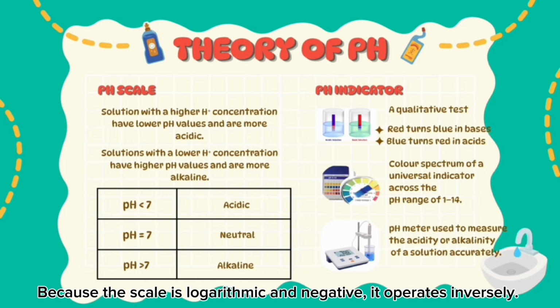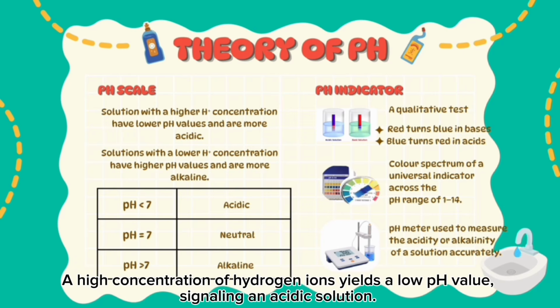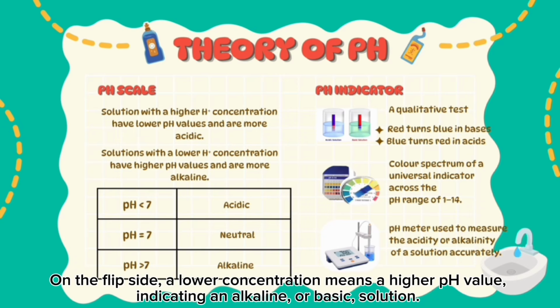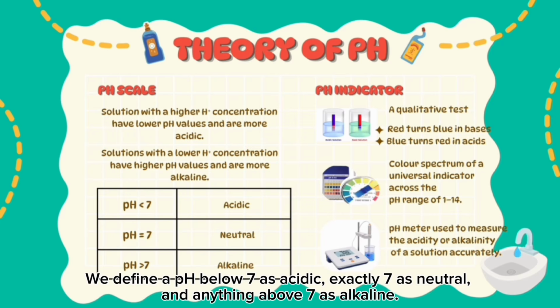Because the scale is logarithmic and negative, it operates inversely. A high concentration of hydrogen ions yields a low pH value, signaling an acidic solution. On the flip side, a lower concentration means a higher pH value, indicating an alkaline or basic solution. We define a pH below 7 as acidic, exactly 7 as neutral, and anything above 7 as alkaline.